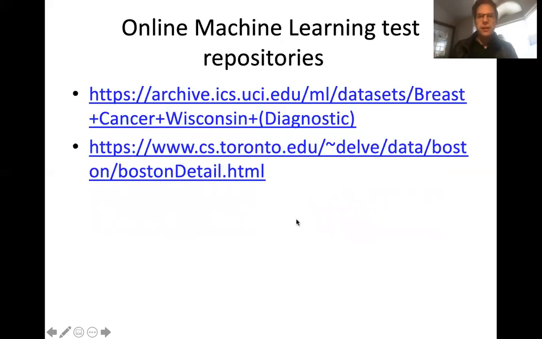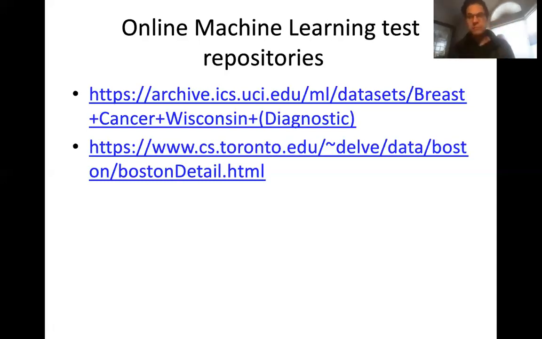And then another thing that we went over is these online machine learning repositories that you can have a look at. So the two that we used in the last one, and we will use this breast cancer one again today, are on this University of California, Irvine website, where they host thousands and thousands of different kinds of machine learning data repositories.